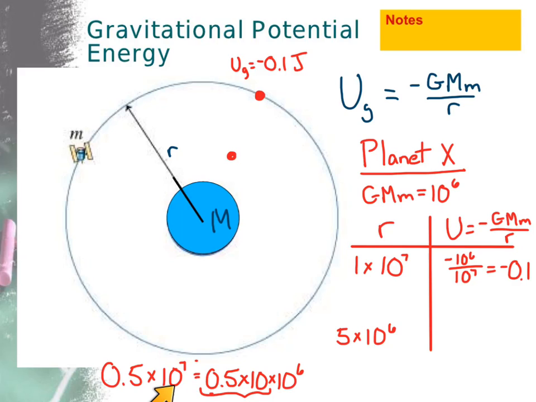In other words, I'm taking one of these factors of 10 and pulling it out. And then if I multiply 0.5 times 10, I get 5. So half of this is indeed 5 times 10 to the 6th.